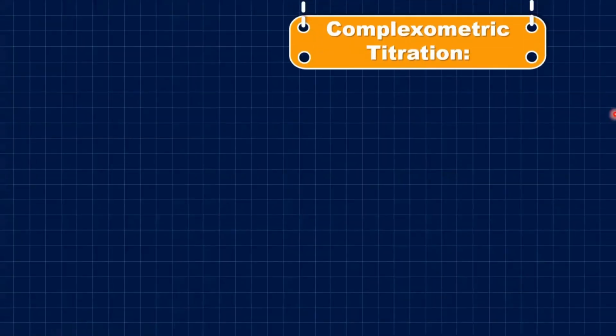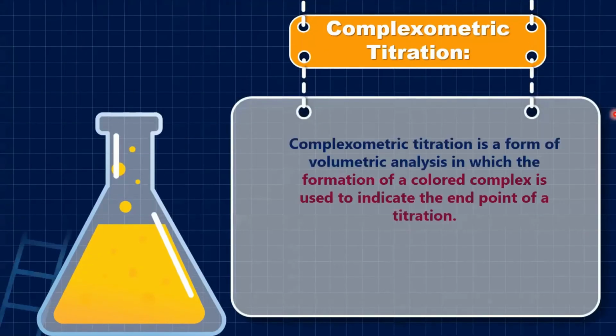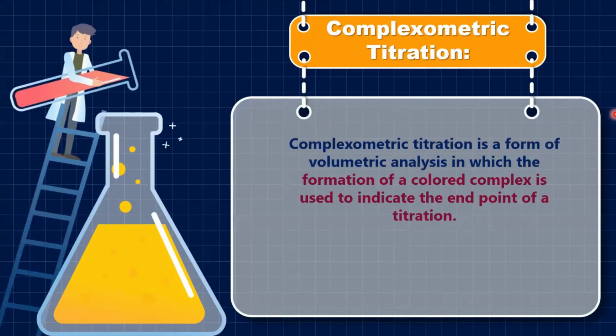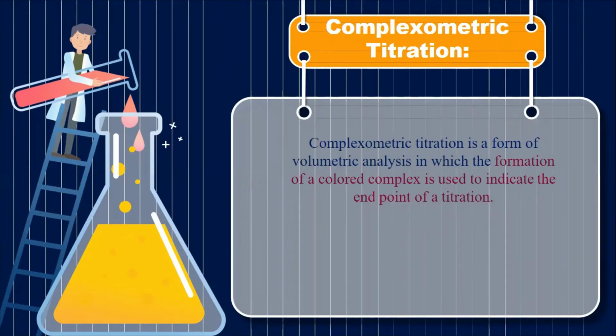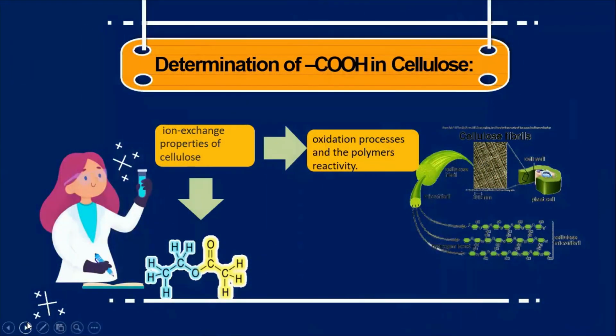Now, Javeria is going to discuss the complexometric titration application in the determination of organic compounds. In this slide, I'm going to discuss complexometric titration. Complexometric titration is a form of volumetric analysis in which the formation of a colored complex is used to indicate the endpoint of the titration. Complexometric titration has various applications and is used in determining the carboxylic group in cellulose.